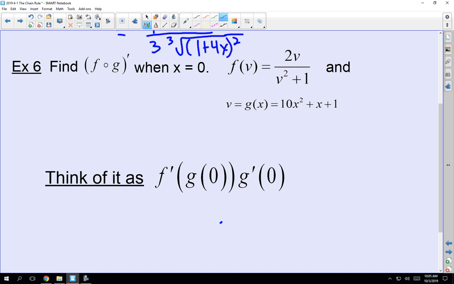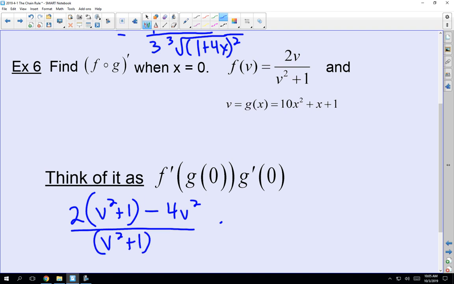V squared plus 1 times 2 minus 2v times 2v, or 4v squared, all over v squared plus 1 squared, and then times g prime. We're talking about g prime of x right now. We're not putting 0 in yet. The g prime is 20x plus 1.